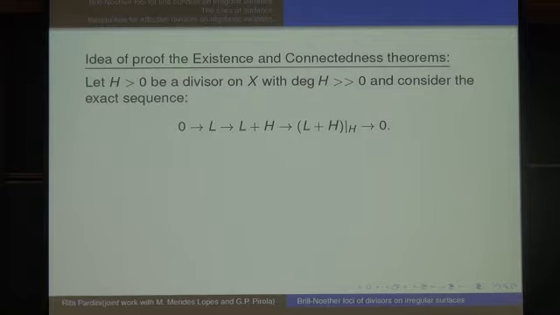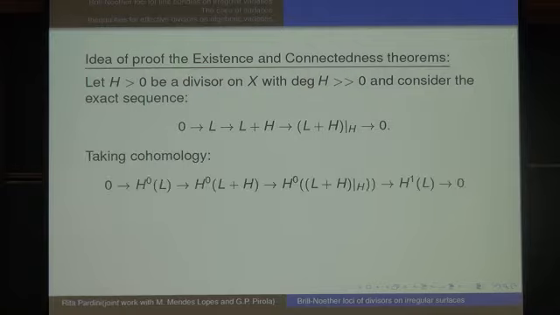So just take any L and H, and then you can take cohomology. And you see, in the middle you have a linear map between vector spaces, and H0 of L is the kernel, H1 of L is the cokernel. So we have a map that essentially computes the cohomology.